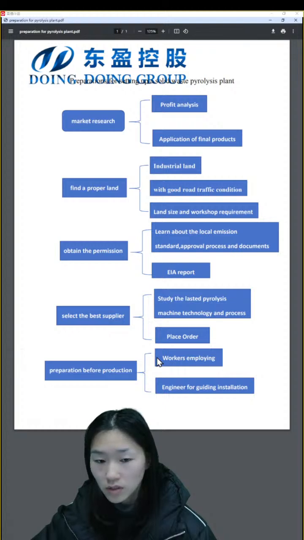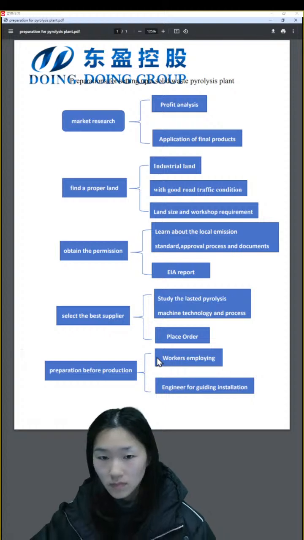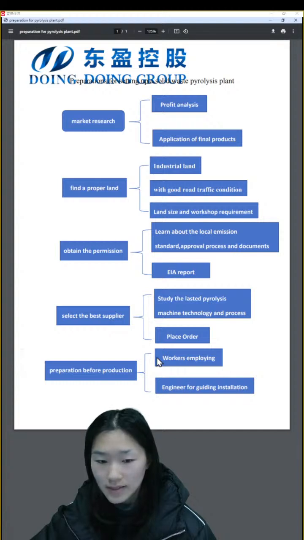For example, if there is a higher fire heating the reactor, there will be more oil gas in the reactor. At this time, the pressure in the reactor will increase.